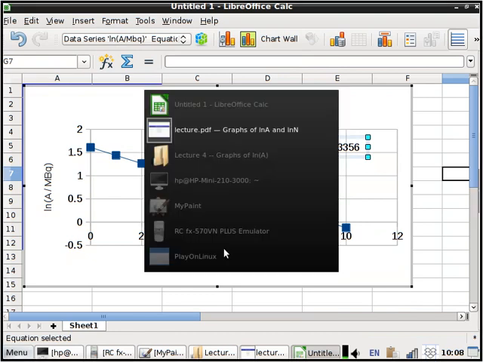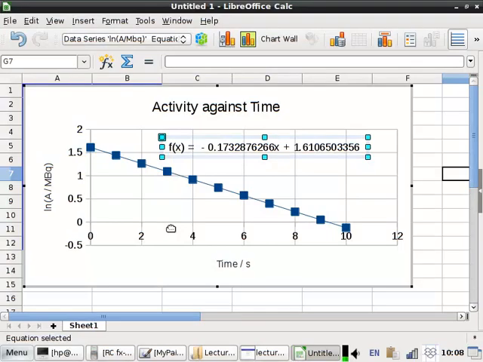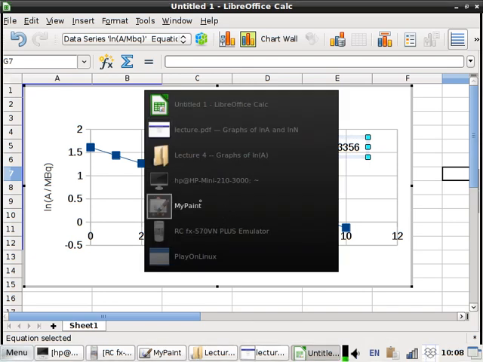Yeah? Next part. What is the half-life? Oh, sorry, what is the lambda? Do you remember how to get the lambda from the graph? Yeah. It's equal to minus the slope. So in this case, the lambda is 0.17. And the unit is, we're using seconds, aren't we?